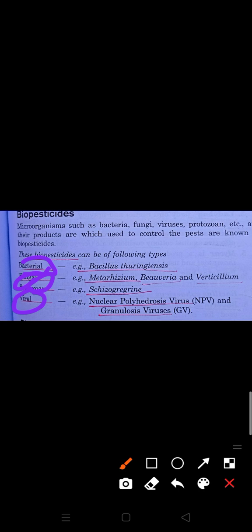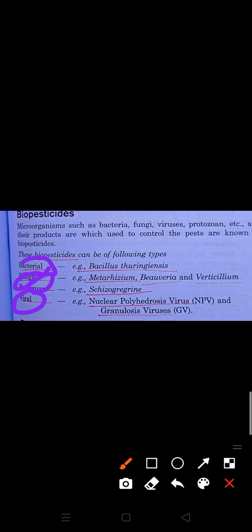That's why it is known as Bt cotton. Bt cotton is one such example, being cultivated in many states of our country. We will discuss Bt cotton and its mechanism again in the biotech portion, but here you have to learn that Bacillus thuringiensis is one bacterium we can use to kill different types of insects.